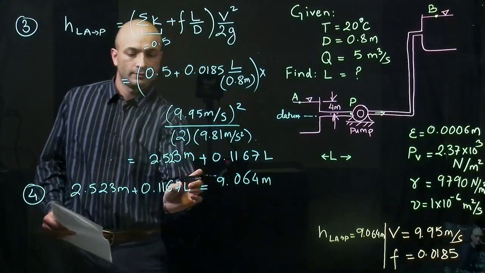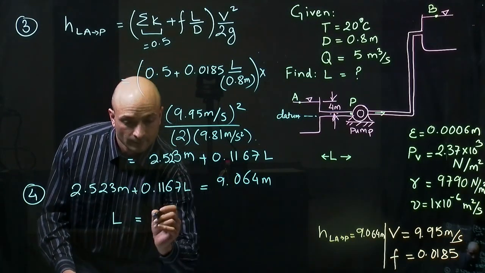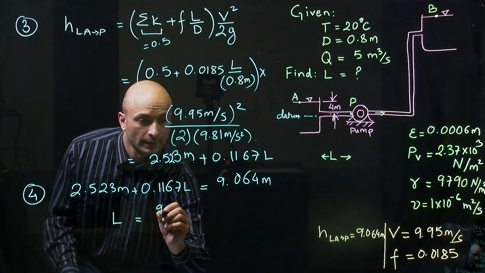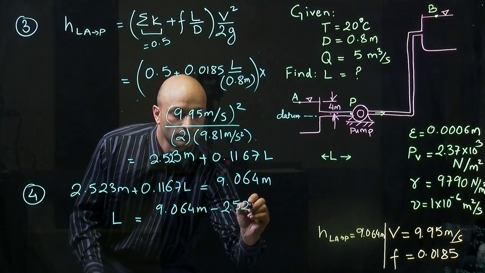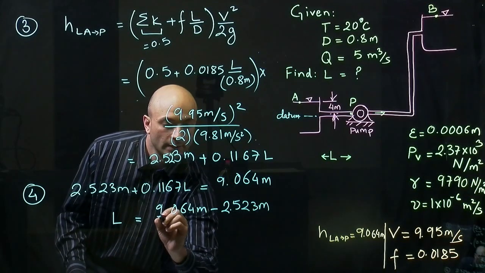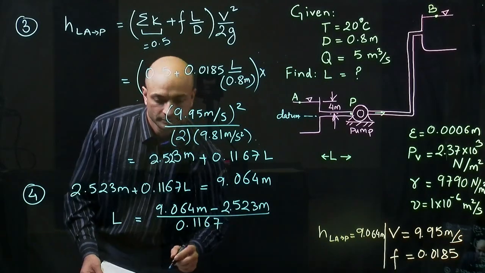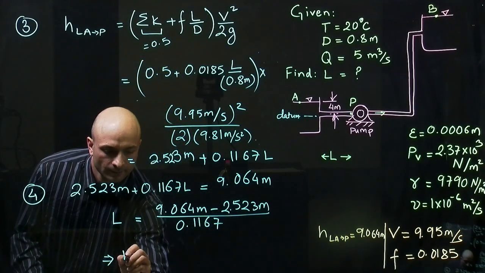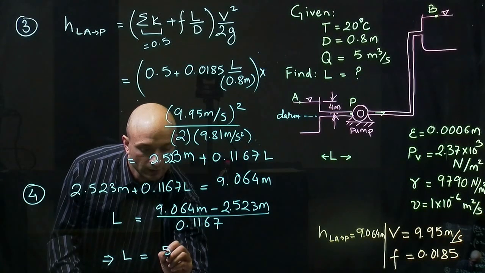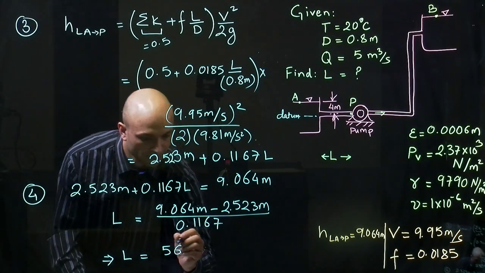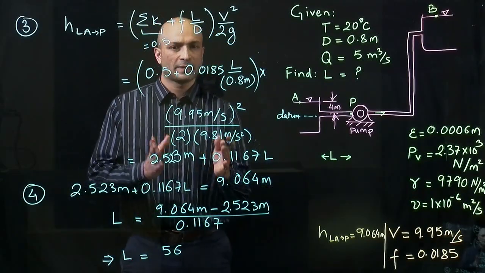You can then solve for the unknown length L: 9.064 meters minus 2.523 meter, divided by 0.1167. You can calculate that to get 56.1 meters.